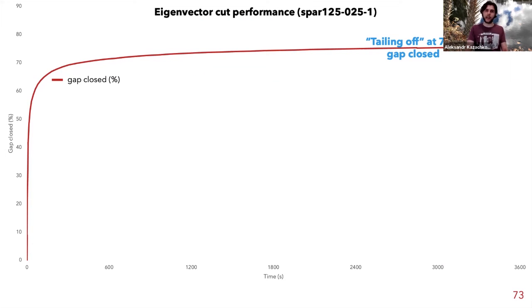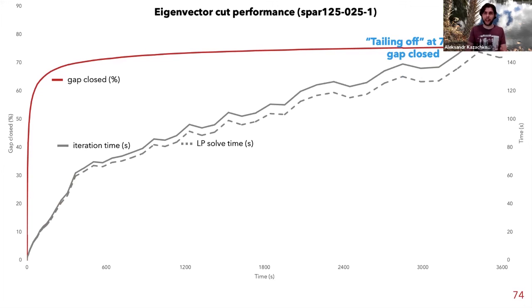To understand why that's happening, we looked at another metric. So now I'm adding a different axis. On the right-hand side of your screen, you'll see another axis, which is time. This will be the iteration time for each iteration that you do over the course of that hour. By the end of that hour, each iteration takes about 160 seconds, so you're taking almost 3 minutes just to do one iteration.